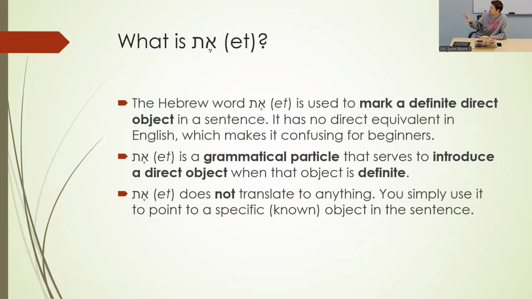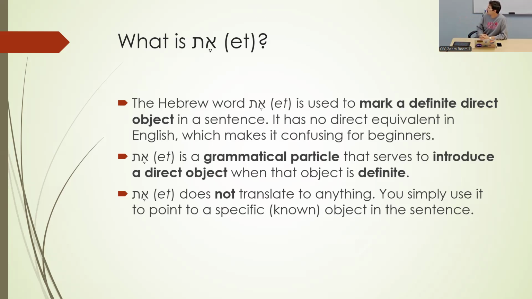If there's an object, it will precede it. So it's used to mark a definite direct object. Like I said, it doesn't have a translation. It has a function within a sentence, but you can't really translate it. There's no equivalent in English for it.